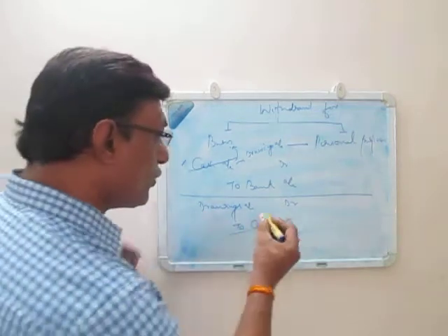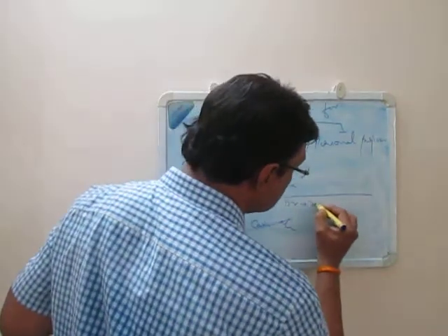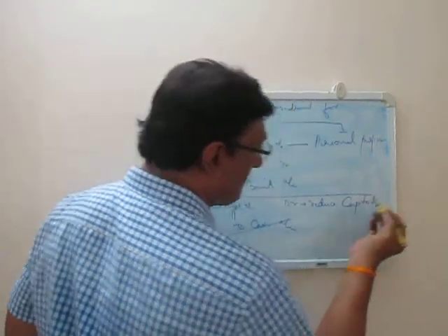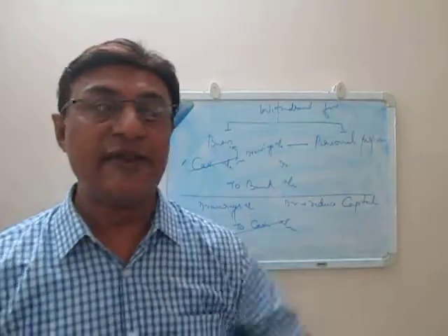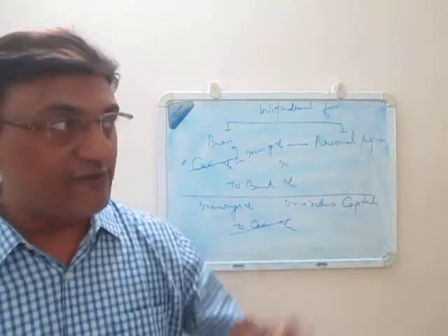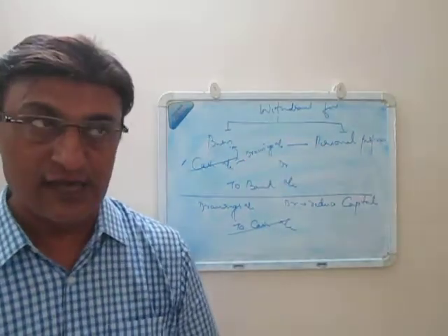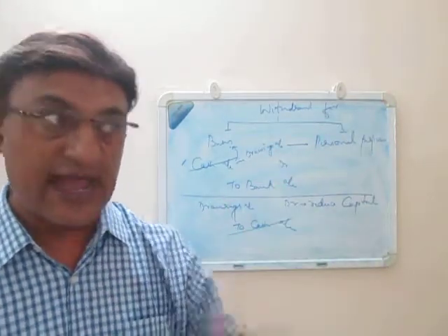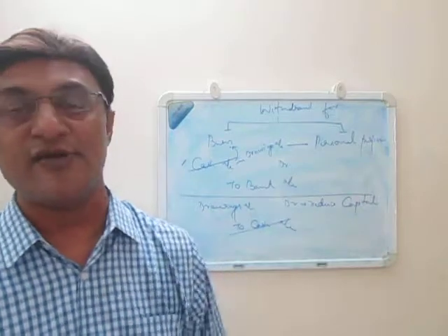So a drawing will go further to reduce capital. When I reflect my financial position at the end of the year, I will take up the opening capital, reduce the drawings, add the profit for the year, and arrive at the closing capital for this financial year.